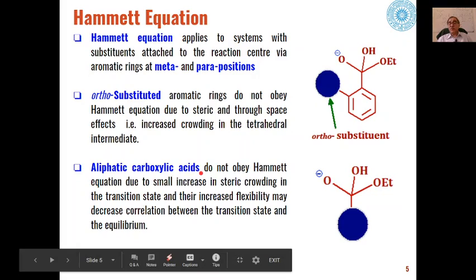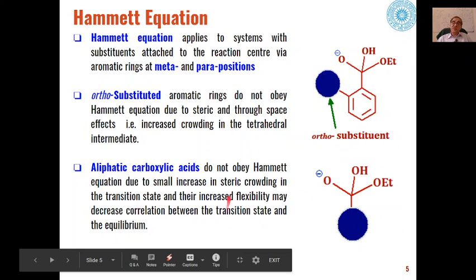Similarly, aliphatic carboxylic acids also do not obey the Hammett equation. Here also there is a small increase in steric crowding in the transition state, and the flexibility of the substrate in the transition state also increases, which decreases the correlation between the transition state and the equilibrium.